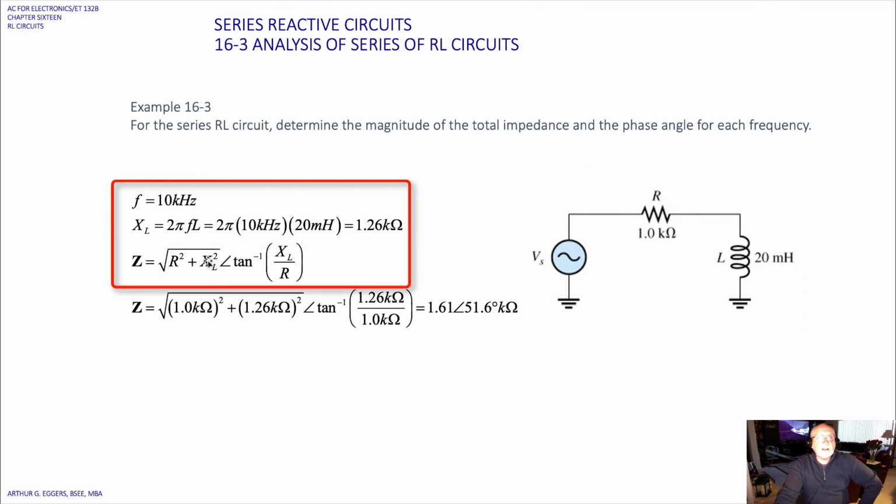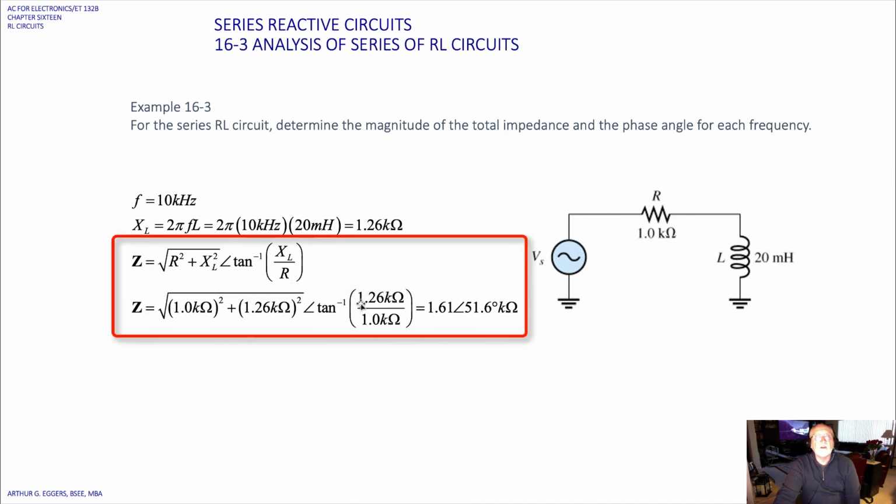Now we take these values, put them into the polar conversion. We do the polar conversion using the Pythagorean theorem and the inverse tangent, and we get an impedance of 1.61 k ohms at an angle of 51.6 degrees. Okay, so that's at 10 kilohertz.